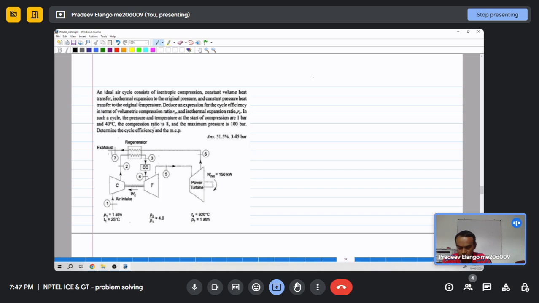Deduce an expression for cycle efficiency in terms of volumetric compression ratio Rk and isothermal expansion ratio Re. In such a cycle, the pressure and temperature at start of compression are 1 bar and 40 degrees Celsius. The compression ratio is 8 and the maximum pressure is 100 bar. Determine the cycle efficiency and the MEP.